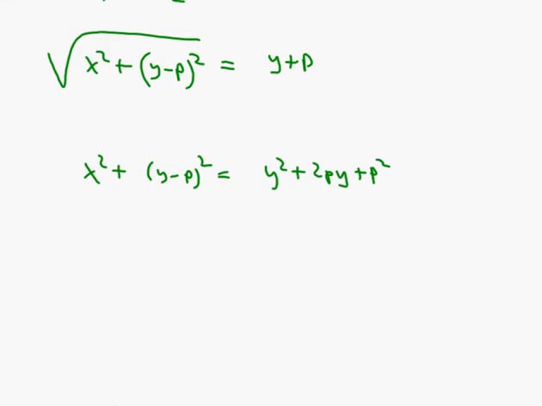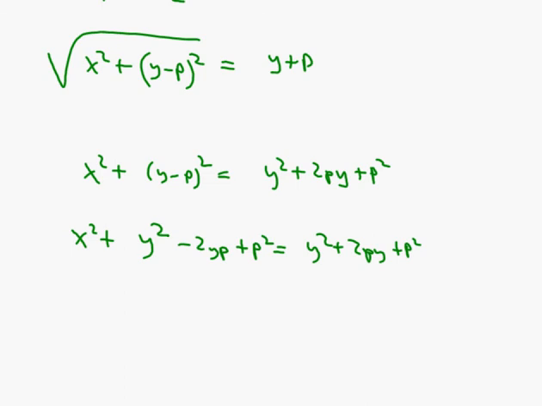Let's square this out also. So then x squared plus y squared minus 2yp plus p squared equals y squared plus 2py plus p squared. There you go, just algebra. So what do you notice?